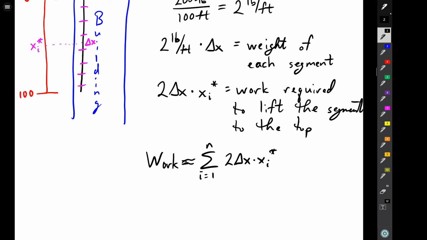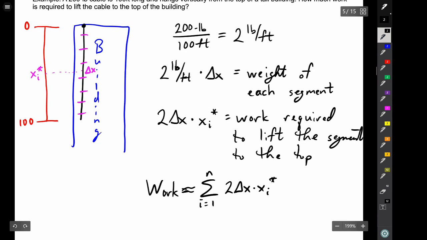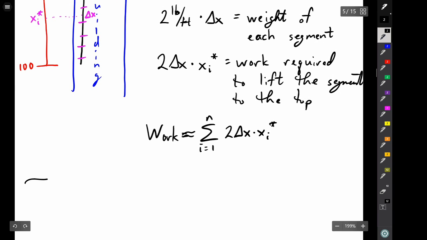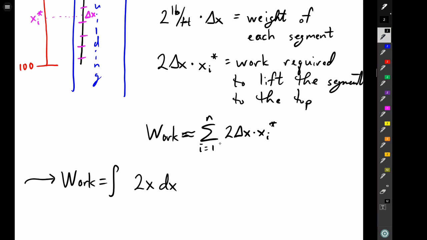Again, you might see where this is going. This turns into a Riemann sum, which means the exact work is going to be the integral of 2x dx. The delta x turns into the dx, and the 2 xi star turns into the 2x here. And what are the bounds?